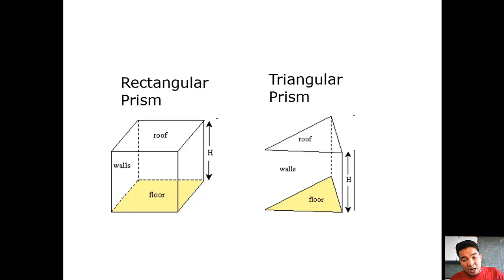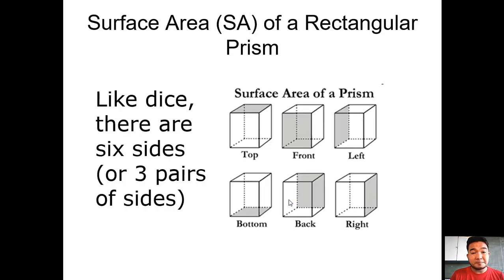So we have 1 and 2 for the two bases, the two triangles, so the roof and the floor, so dalawa na agad yon. And then we have 3 rectangles on the sides. So all in all, we have 5 surfaces in a triangular prism. So 5 lang ang i-add natin, 5 lang ang kukuhanan natin ng area. Then we add all those areas para makuha natin ang surface area of the triangular prism.